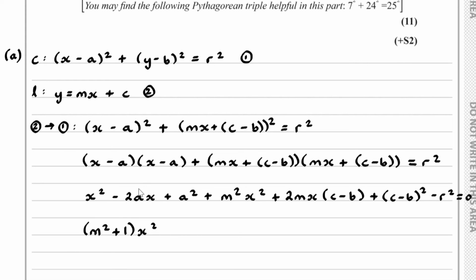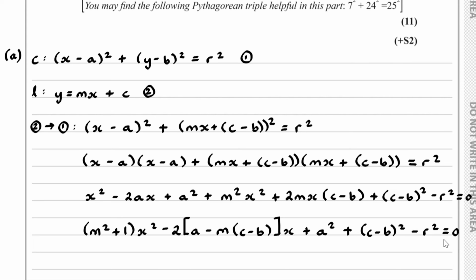And if I take a look at the x's, if I take out a negative 2 and then open up the big bracket, I would have here a, and then I would have minus m multiplied by c minus b, close big bracket, x plus, well, I've got the a squared, and then I've got the c minus b squared minus r squared equals 0.